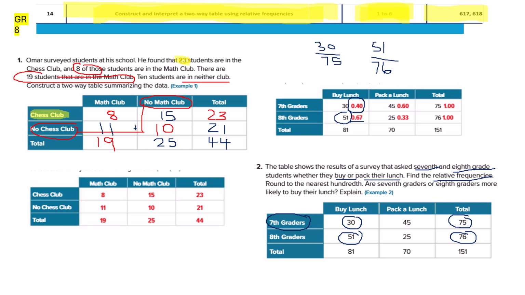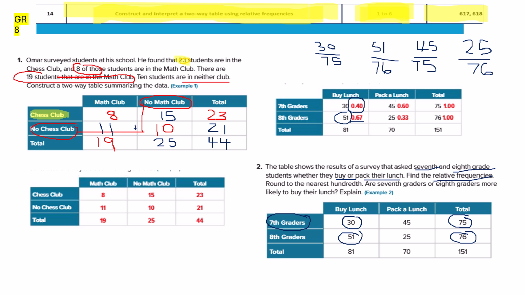And we know that if we take 45 and divide it by 75, it should give me 0.6, and 25 divided by 76 should give me 0.33. So this is how we find the relative frequency.